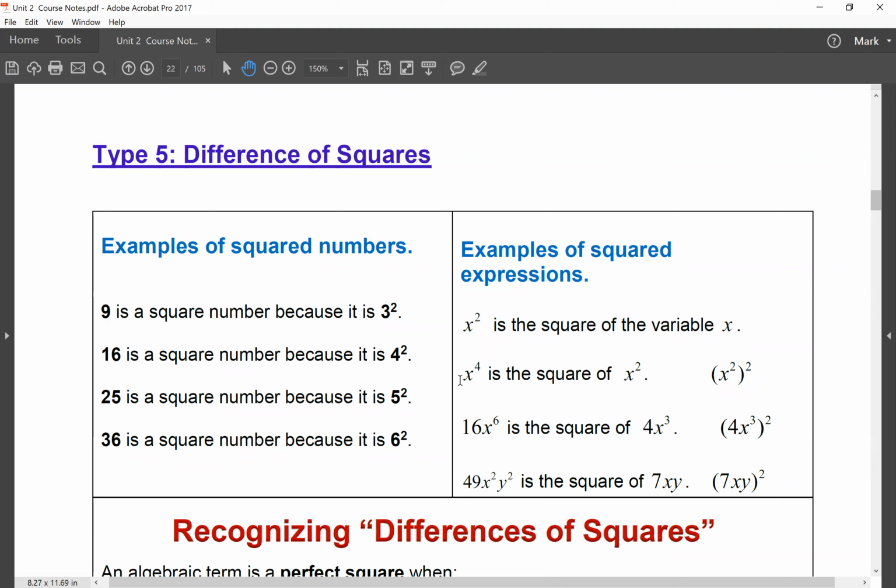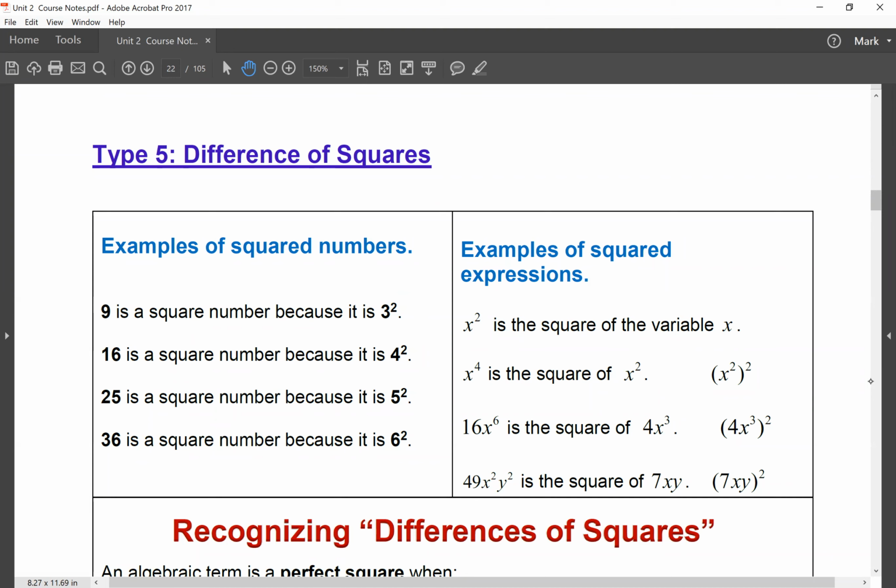It's kind of hard to explain, but it's simple when you look at the examples here. 9 is a square number because 3 times 3 is 9. 16 is a square number because 4 times 4 is 16.